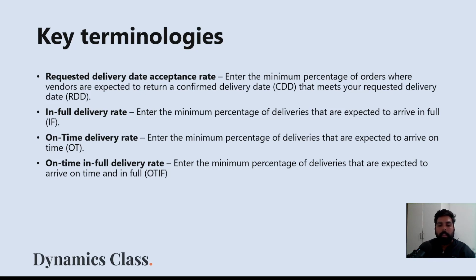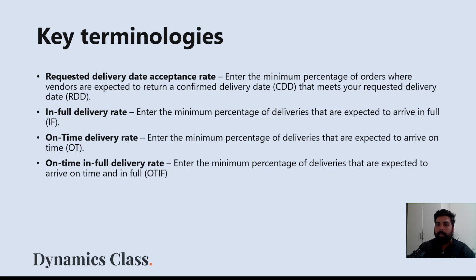Okay. The next terminology which we have is the on-time delivery rate, right? So here we enter the minimum percentage of deliveries that are expected to arrive on time. So if a supplier has promised that they are going to deliver the order on 10th of June, and there are, let's say, 100 orders, I'm assuming a hypothetical situation, which are supposed to be delivered on 10th of June, what is the minimum percentage we are expecting for this on-time delivery?